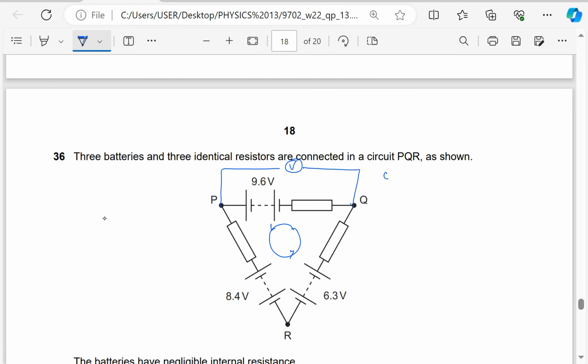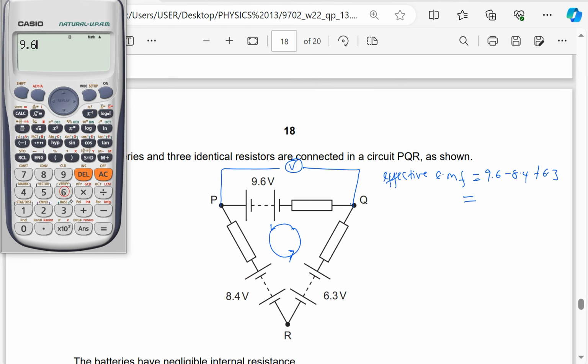So effective EMF by using Kirchhoff's laws is the sum of the EMFs. So I'm going to move around in an anticlockwise direction. So this will be 9.6 minus 8.4 plus 6.3. That is by Kirchhoff's second law.